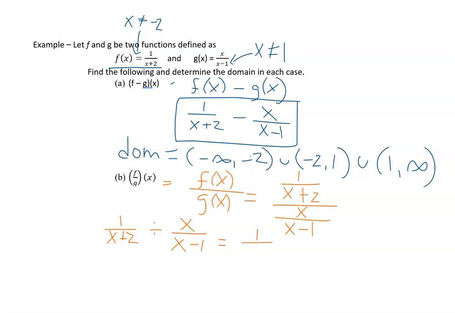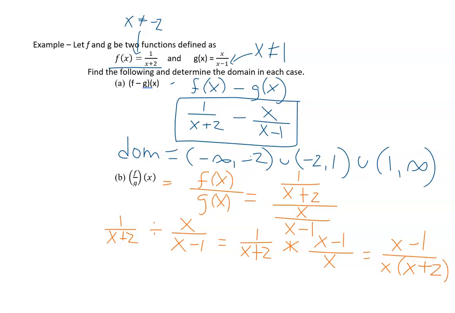I simply flip the second rational expression and change from division to multiplication. So now I end up with 1 over x plus 2 times x minus 1 over x. Multiply top times top and get x minus 1. Multiply bottom times bottom, and I get x times x plus 2.